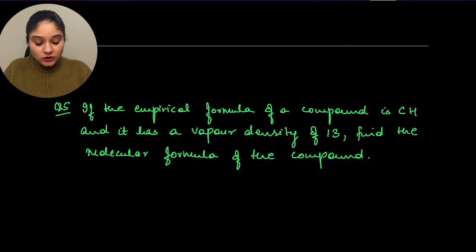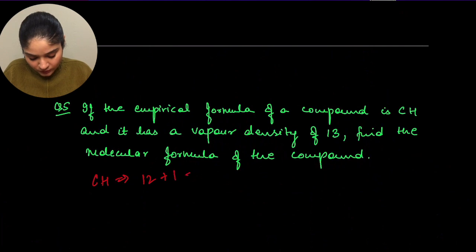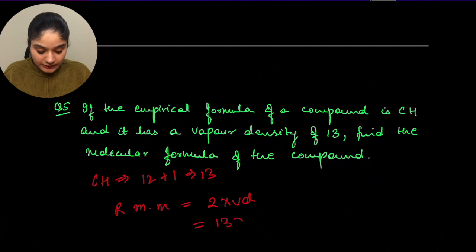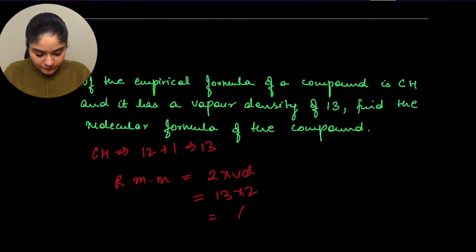CH is given, so C is 12 and H is 1. So your empirical formula weight is 13. And your vapor density is given to you, so you can find the relative molecular mass. That would be 2 times vapor density, so 13 times 2. So you have 26.